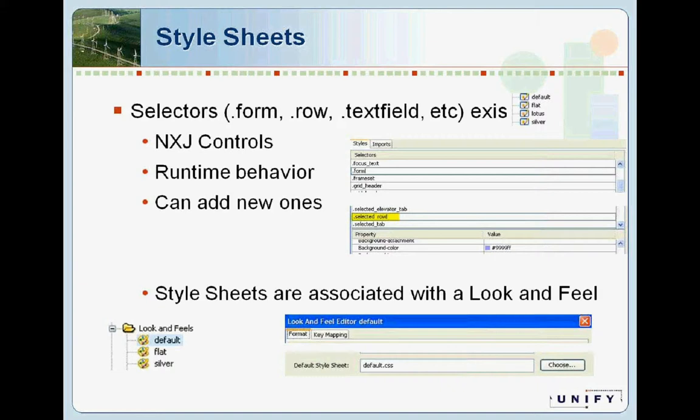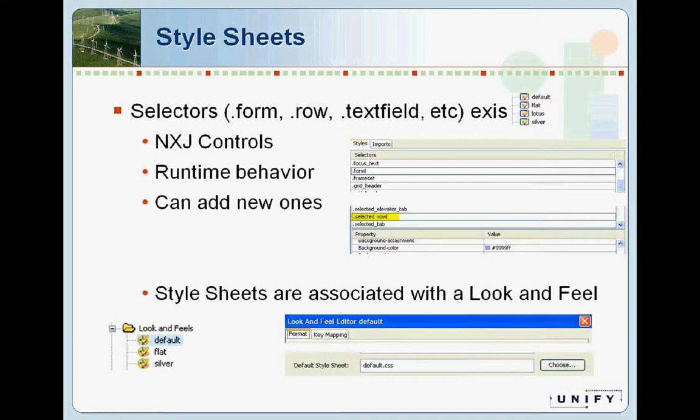So one thing to mention is the way the style sheets are applied to an application is through a look and feel object. There's only one current at a time in an NXJ application, and those look and feel objects tie to a style sheet. So they also tie your toolbars, by the way, as well.